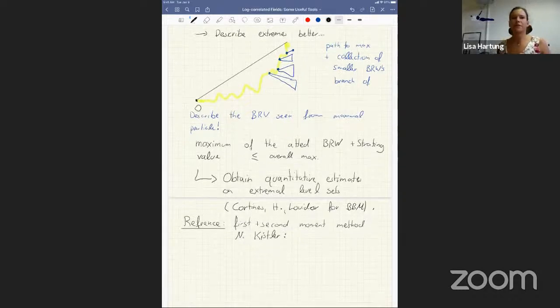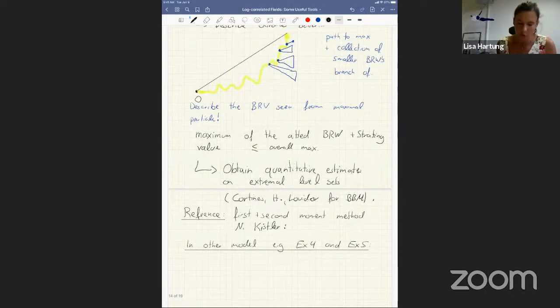Of course, here I've explained the model where I have used this branching random walk, where this path is completely explicit. In other models, e.g. in what I called yesterday example 4 and example 5, the Riemann zeta function and this random matrix theory example, you have other difficulties.